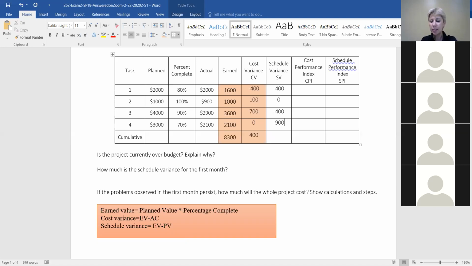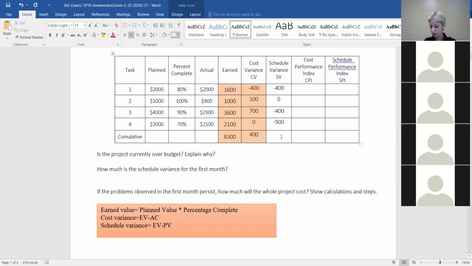Can you give me a total? Yeah, so that'd be negative 1,700 total, which means they're negative 1,700 short of what they planned. Exactly. So this is the first month. You're behind the schedule as a team, but in terms of money, things are not as bad. So you haven't overspent. Thank you, Dalton.